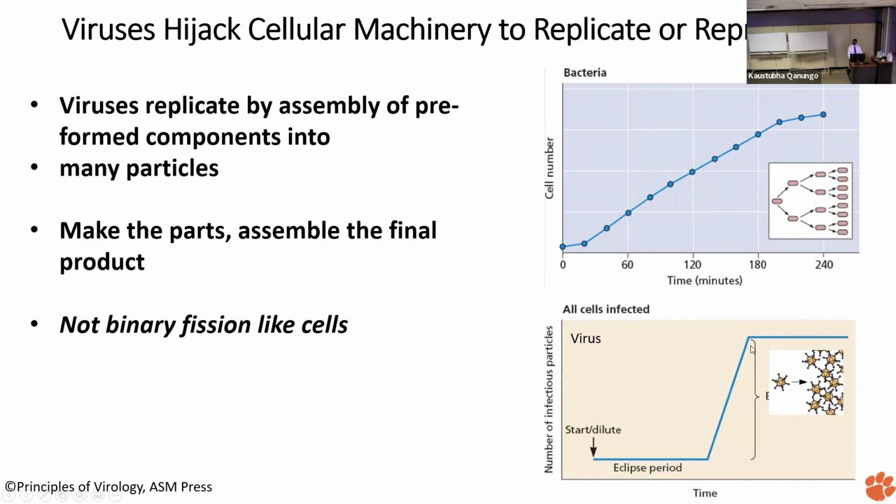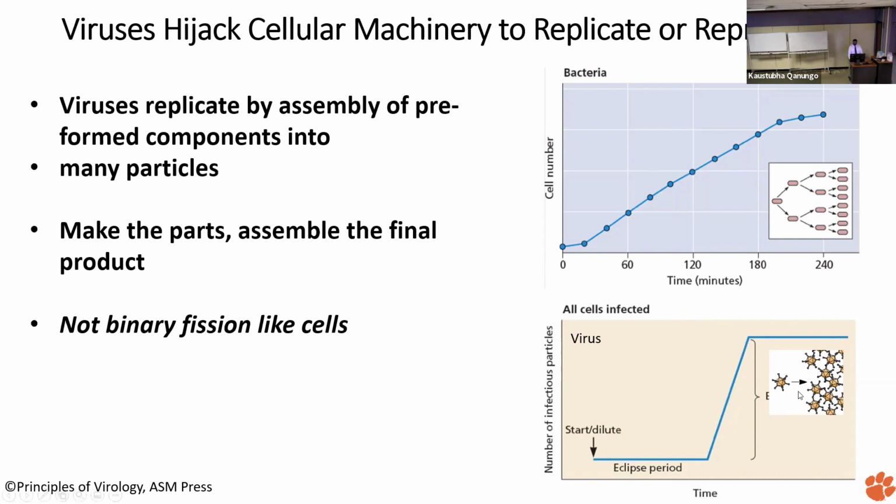And then suddenly you see exponential growth, which we call a burst. These viruses suddenly appear, all of them, in an enormous amount. If it's a lytic virus, it will lyse the cell and come out, or it will bud out of the cell constantly. But again, you will see a burst of virus.